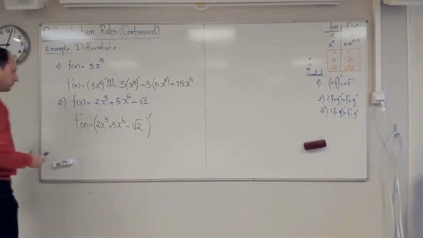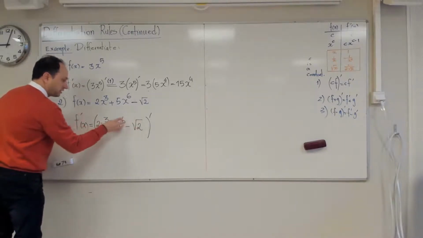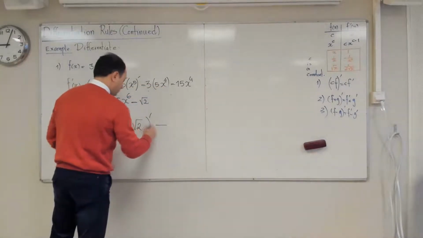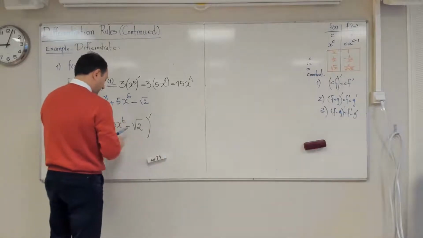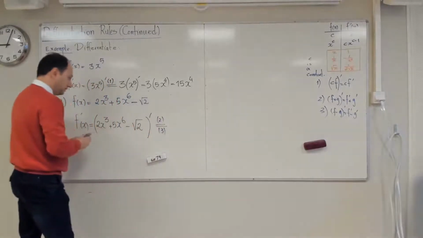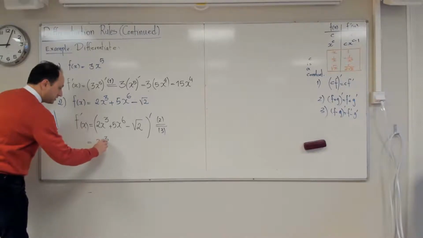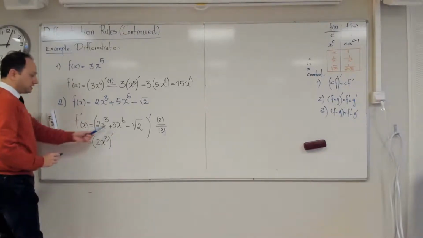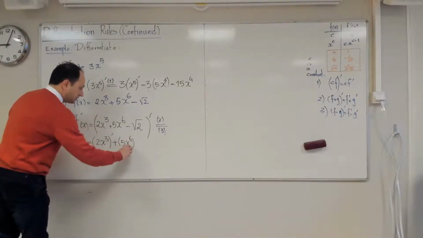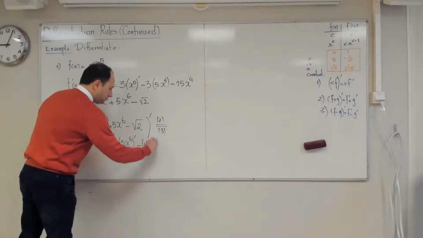What I can do is see that this is the sum and difference of 3 parts, 3 functions. According to rules number 2 and 3, what I can write is this: the derivative of the first part, plus the derivative of the second part, minus the derivative of the third part.